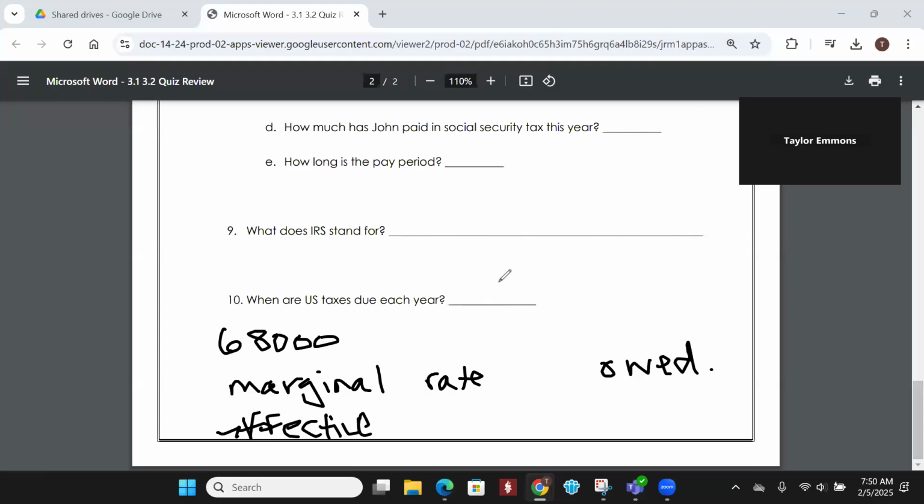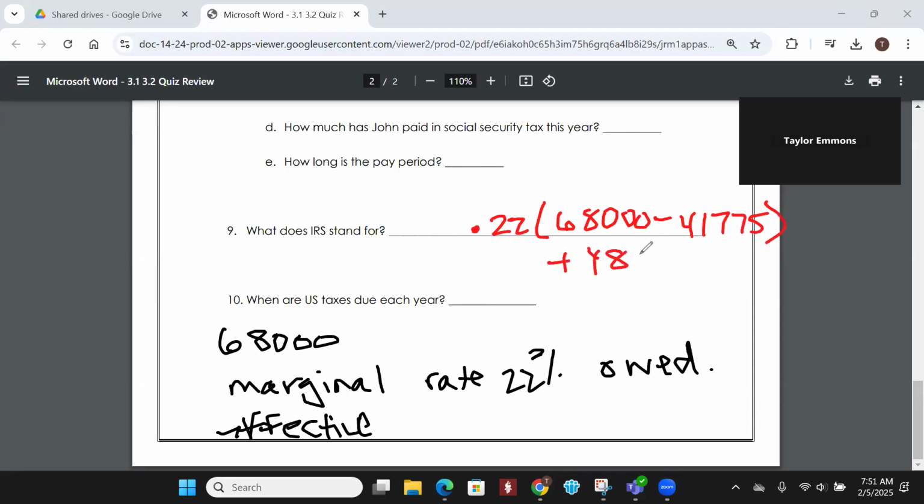Okay, so for 68,000, what is their marginal rate? 22. Okay. All right, now we're gonna do owed. So when you do the owed one, you're gonna do 0.22 times 68,000 minus 41,775, plus 4807.5.